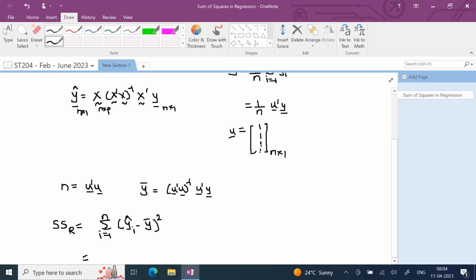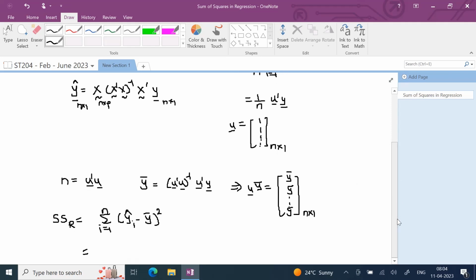So when I want to express this in the vector form, I will have to convert it to a vector. So I could write u into y bar. So this will actually be basically y bar, y bar, y bar, so scalar y bar repeated n times. Correct? So we are going to use that now.